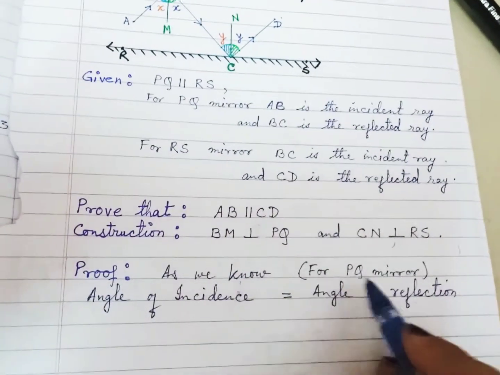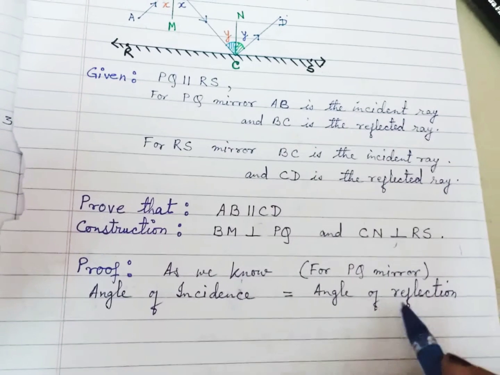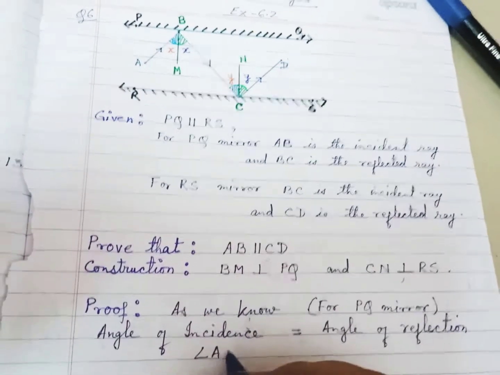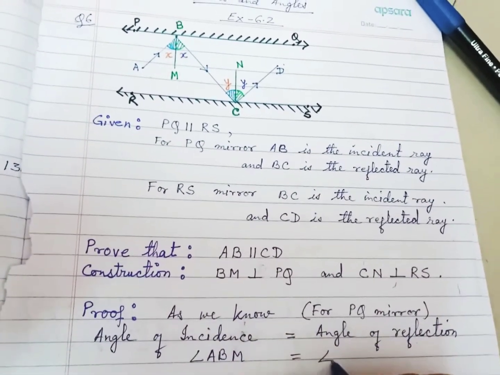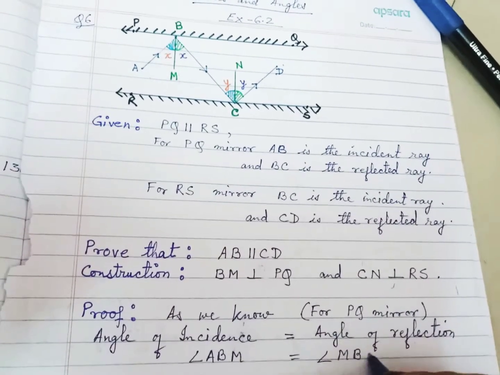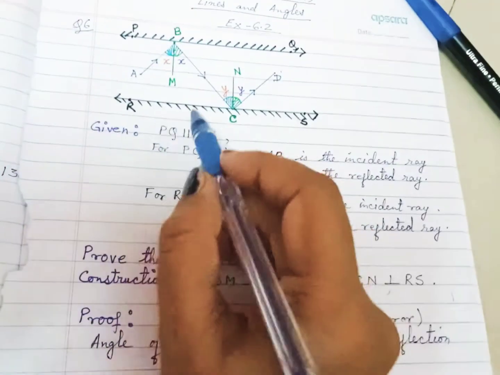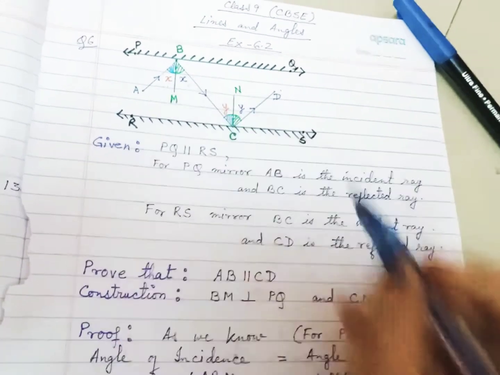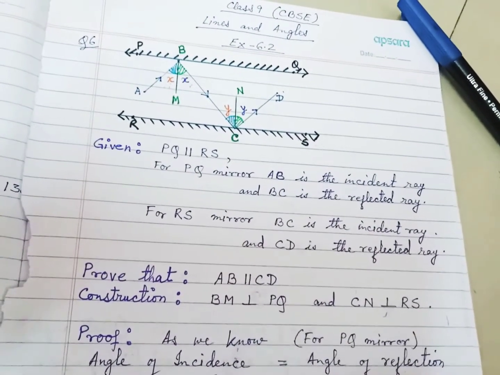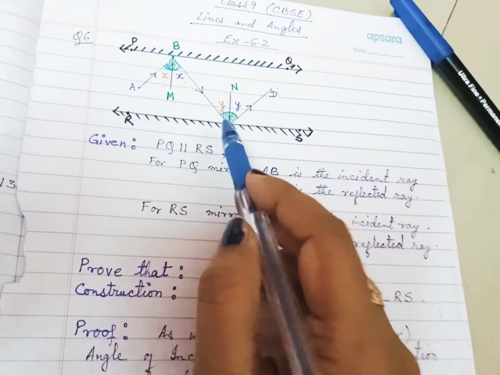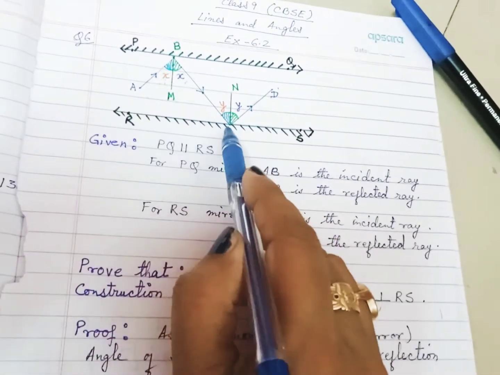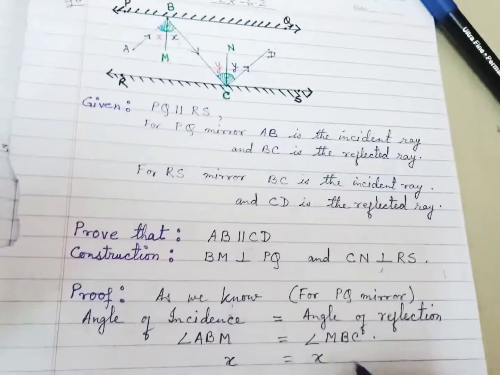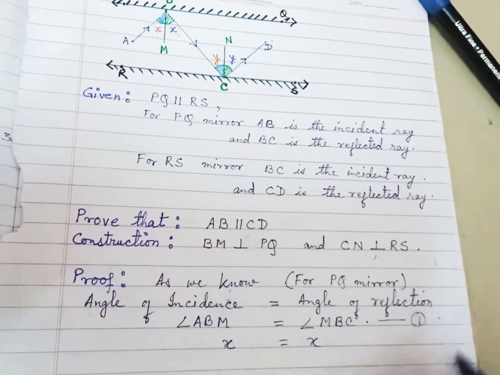So for mirror PQ, angle of incidence equals angle of reflection, that is angle ABM equals angle MBC, and we have assumed that to be x. So ABM and MBC are both x, because they are equal. We take this as equation 1.